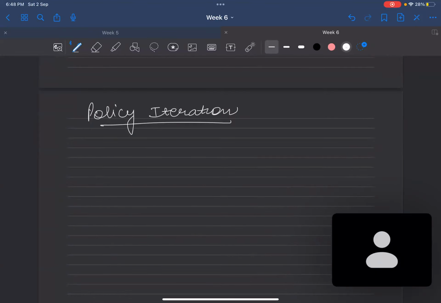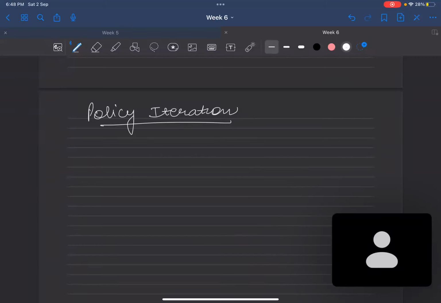So basically in policy iteration, we are starting with an arbitrary, any random policy pi naught. Then we are finding v pi naught. Then we are being greedy with respect to that. Then we are finding pi 1, and then we are finding v pi 1. This is how it is going on.